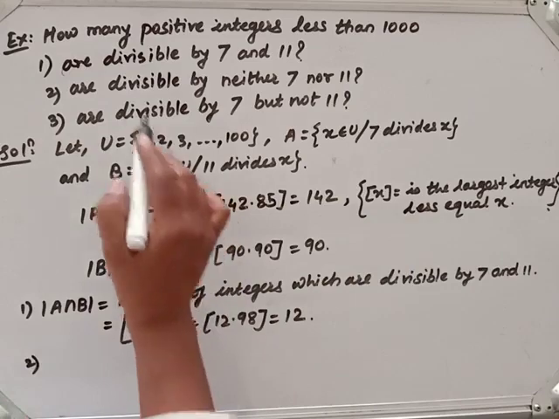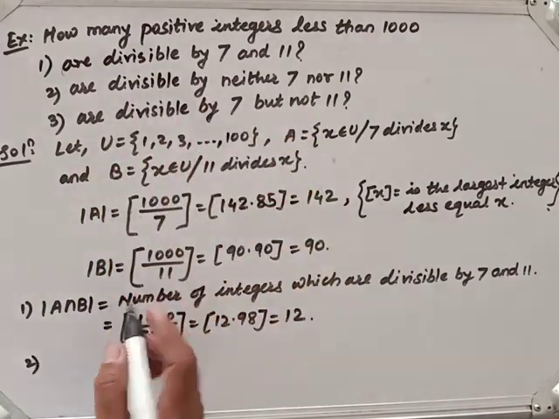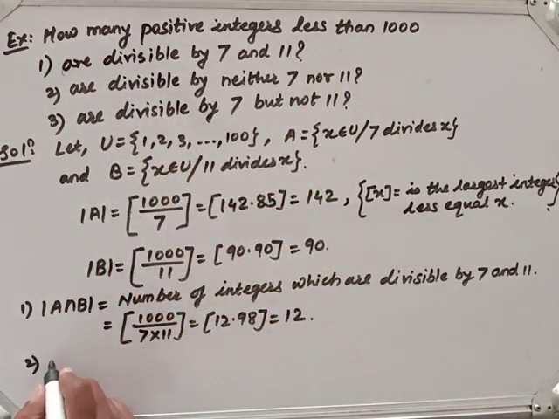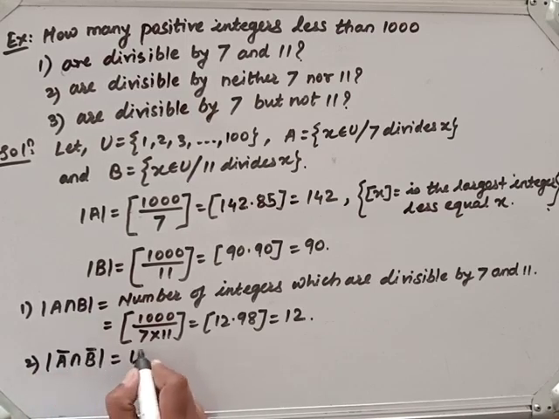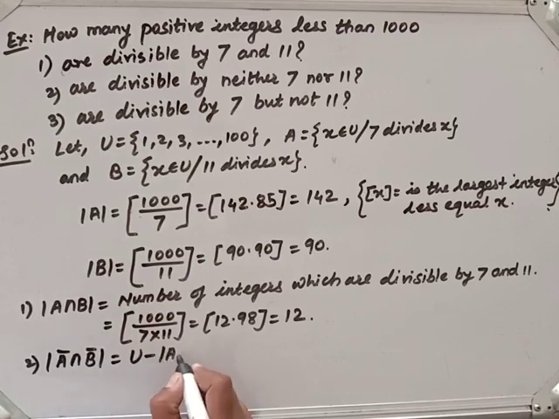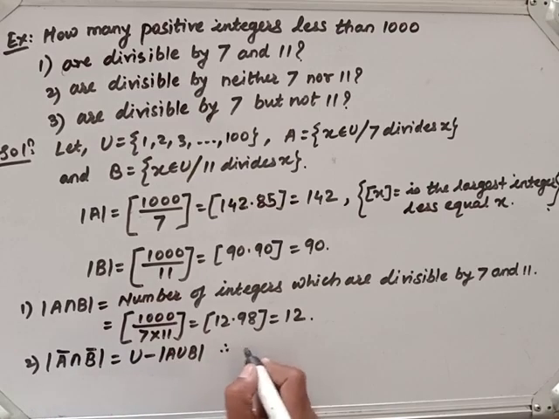Now what is second? The number which are neither divisible by 7 nor by 11. So second one, which are neither divisible by 7 nor by 11, that is again A complement intersection B complement, but that is U minus the cardinality of A union B. So first of all, our aim is to determine the cardinality of A union B. What is the cardinality of A union B?